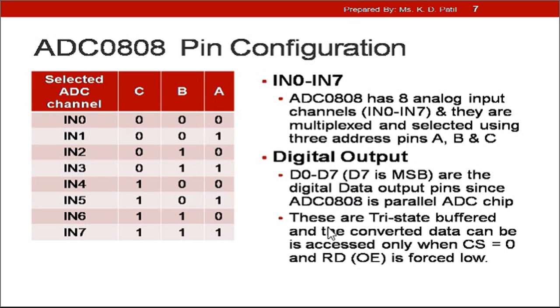These lines are tri-state buffers, and converted data can be accessed only when CS is equal to 0 and the read or output enable pin is low.